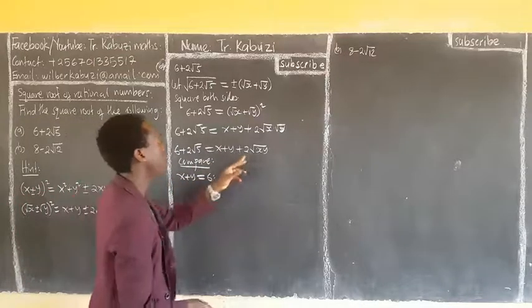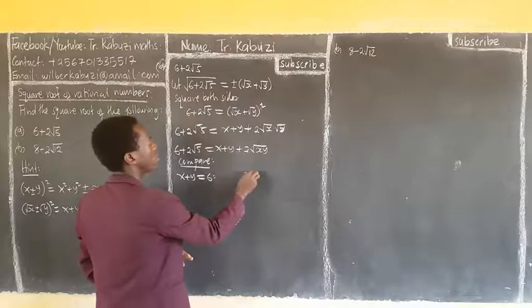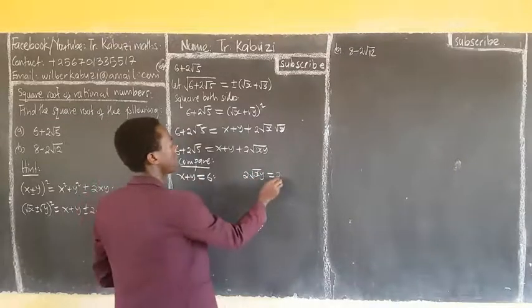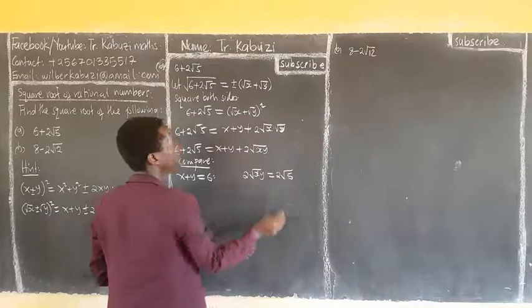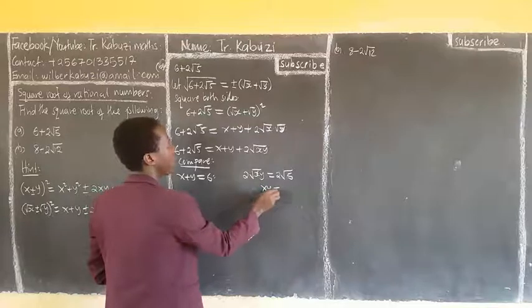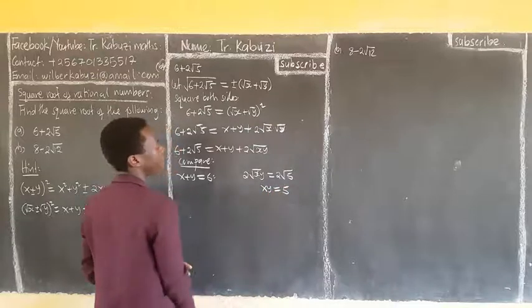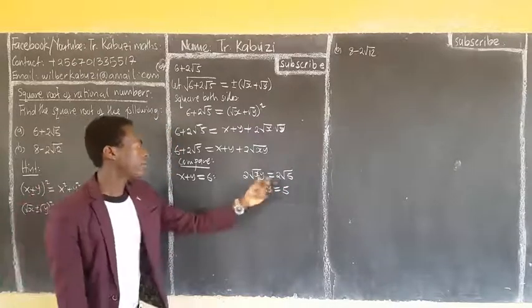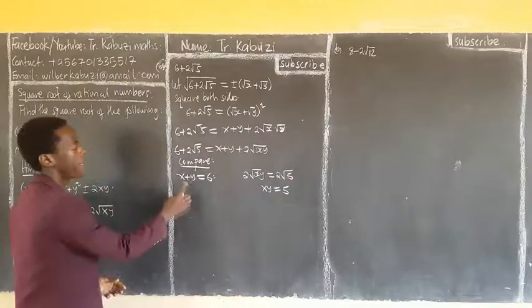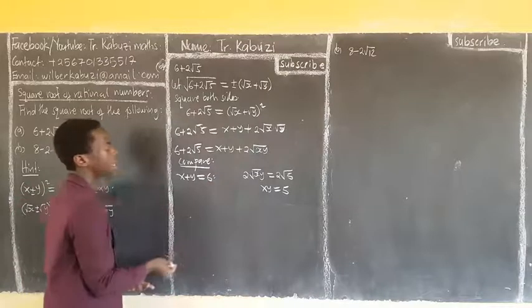And here, 2 root xy is going to be 2 root 5. So I divide by 2, then square this side, and your xy will be 5.